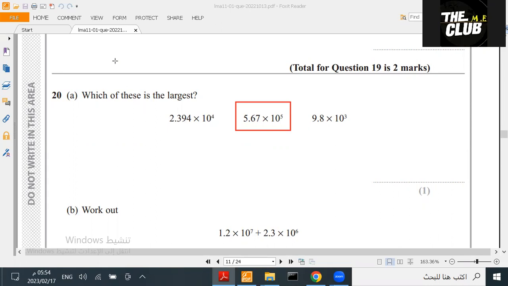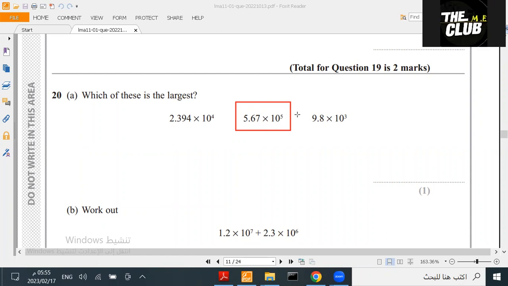Now, does it even have to be standard to look at the powers? Yes. Imagine if this one was 56.7 times 10 power of 4, for example.